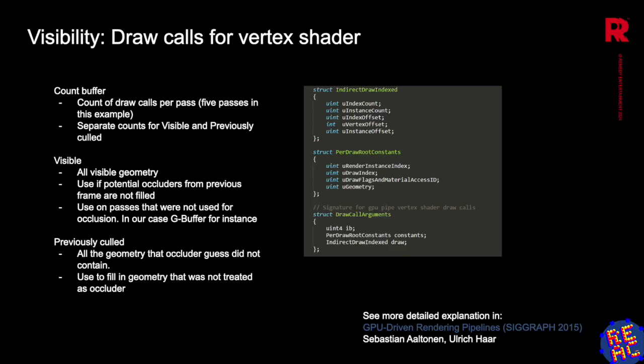For the passes that have already been initialized by drawing previous frame visibility based occluders, we only need to draw geometry that became visible on the current frame. These draw calls are written into the previously called buffer. There is a more detailed presentation about similar occlusion culling, for example in GPU-driven rendering pipelines, which was presented in SIGGRAPH 2015.